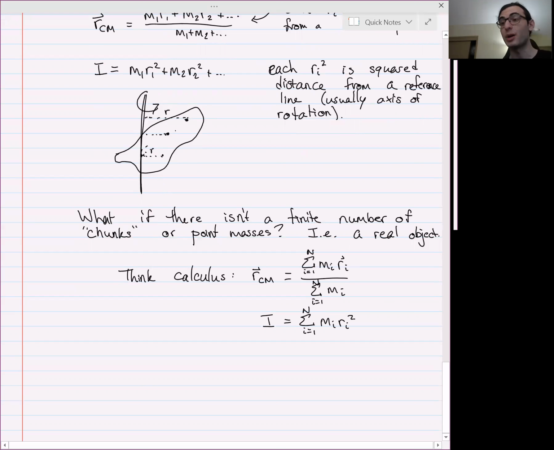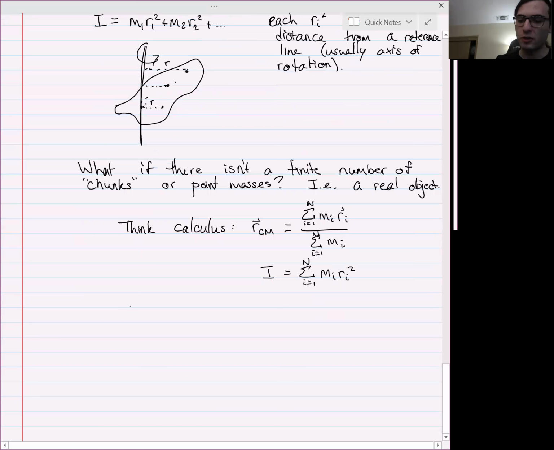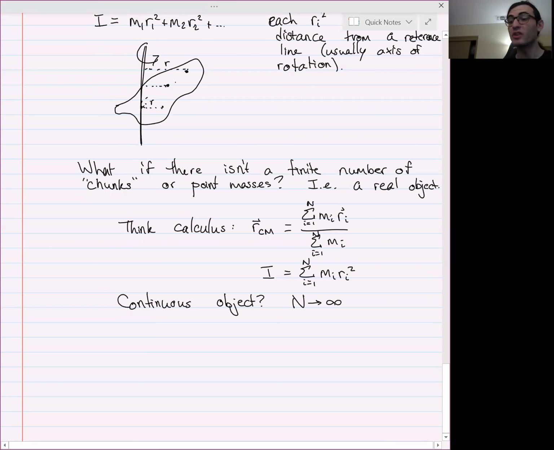But if we have a continuous object, i.e. an object that can't be broken down into a finite number of pieces, then n would go to infinity. And so this becomes an integral, which is what somebody was getting at earlier.